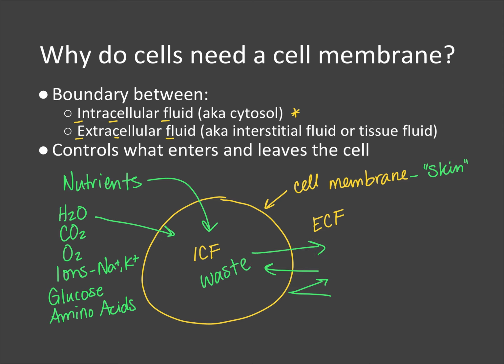There are also things that a cell produces that it needs to be able to export to other places. So, for example, some cells export proteins. And so the proteins are made inside the cell, but then they have to be able to leave the cell membrane in order to go into the body fluids or the bloodstream and be delivered to other parts of the body.